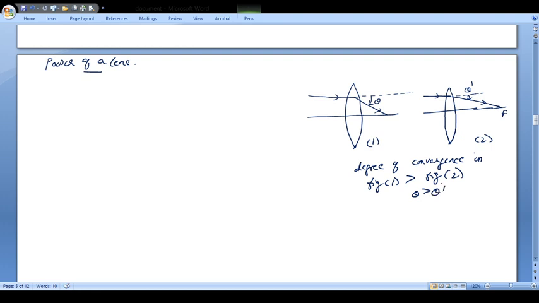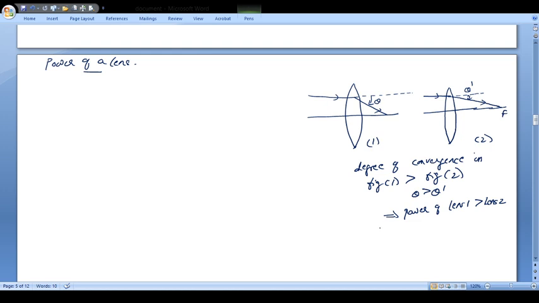So if this degree of convergence or divergence is more, then this implies that the power of lens 1 is greater than lens 2.